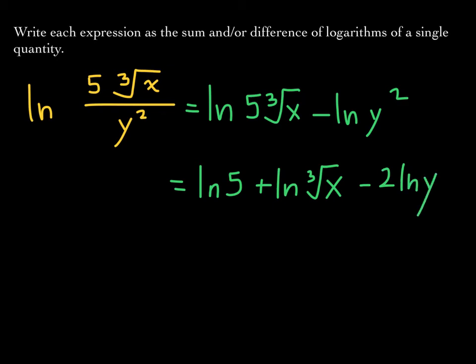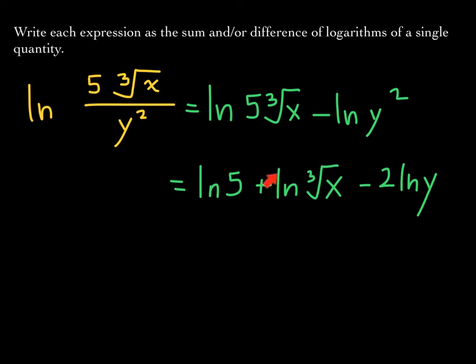The last thing I'm going to do to wrap this up: this is the natural log of 5, so this one's good. It's a logarithm of a single quantity, and so is the backside, the natural log of y. That's a single quantity. But the cube root of x is not a single quantity, so I'm going to bring this power down. Don't forget that the cube root is the same as 1/3 as a rational exponent.